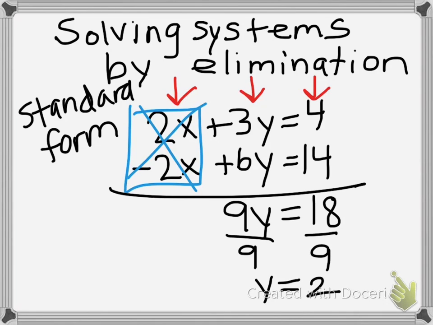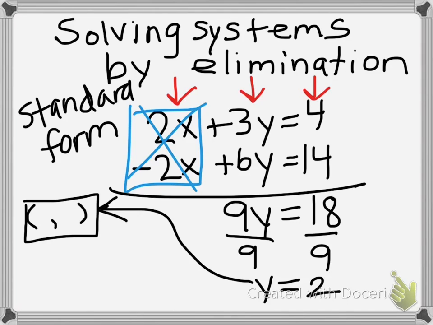And I forgot to do something from the beginning that we've talked about, and that was knowing that we are solving a system. I should have, at the beginning, made myself a little answer blank. And that's going to help remind me that right now I do have the 2 to put in for my y value, but I'm not done because I don't have an x value. So in order to find our x value, we're going to plug that 2 back into one of the original equations.